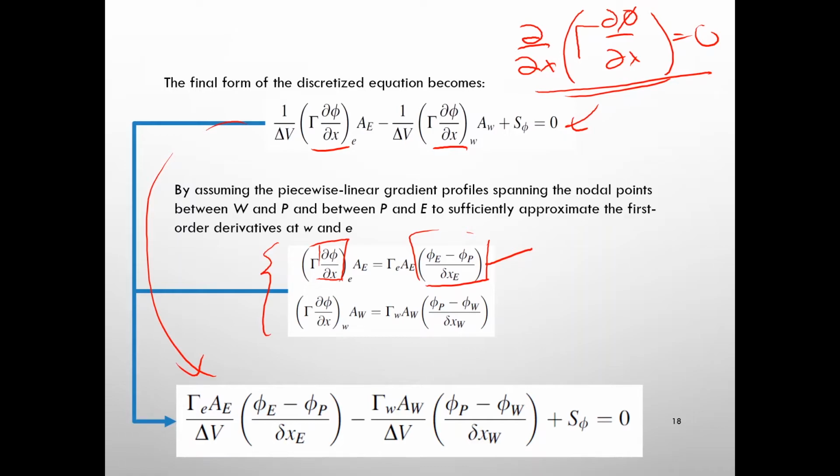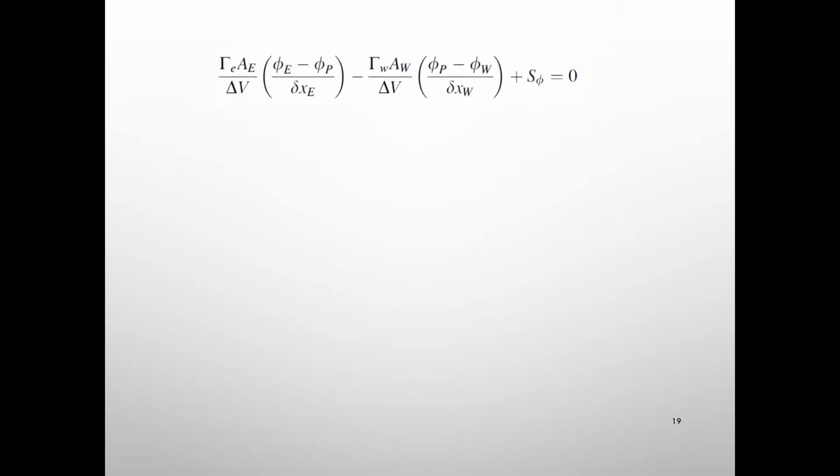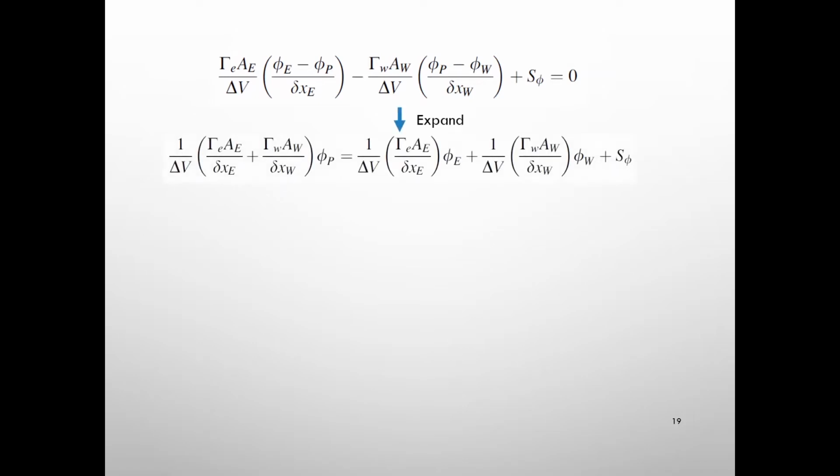Once we obtain this final form of the discretized equation, we can rearrange it again like the one that we did in the FDM. So we expand and we factorize. Here we have phi P, phi E, and phi W, and the term without phi.